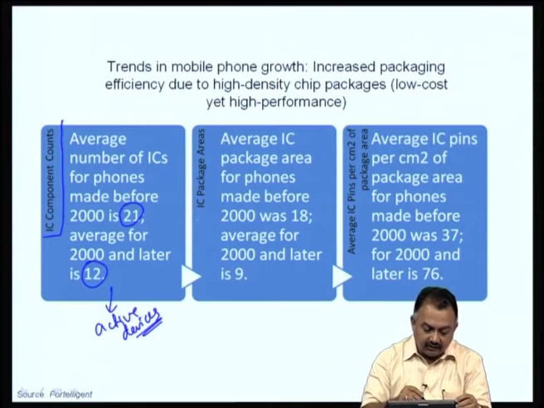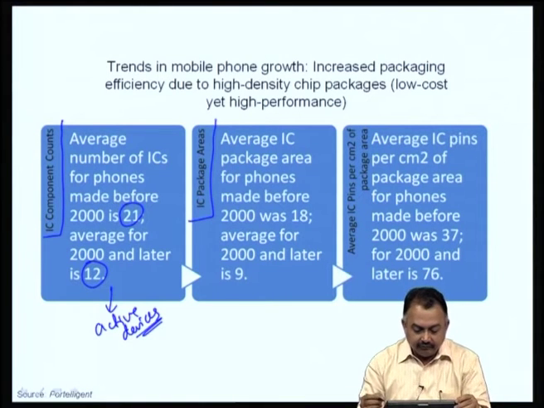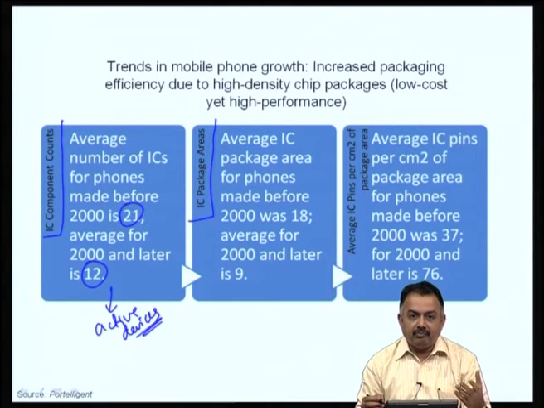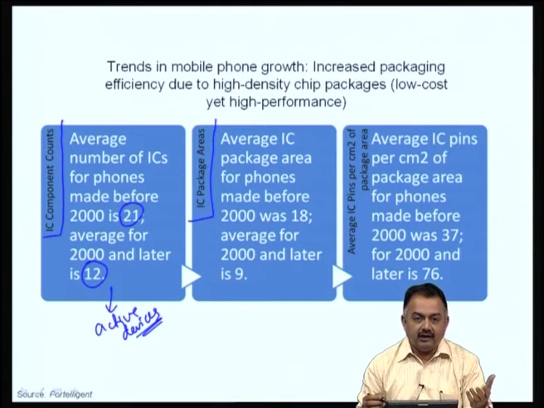Now, the next point is IC package areas. Any package, any device will have some package area. So, there is what is known as a die area and there is a package area. A die is surrounded by package. It can be a plastic package or a ceramic package material. So, if you look at IC package area for phones made before 2000, it was 18.